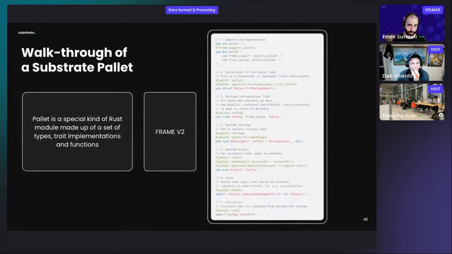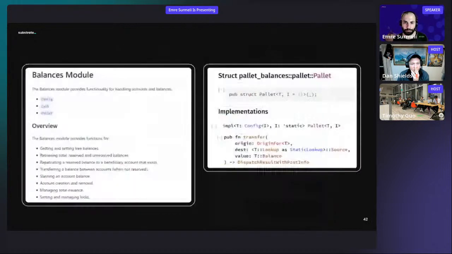We're going to walk through what a Substrate pallet is. Pallets are the modules that we talked about. However, you can also develop your own pallets, and we're going to take a look at what that means. Then you'll see what types of pallets exist and what they enable on-chain.